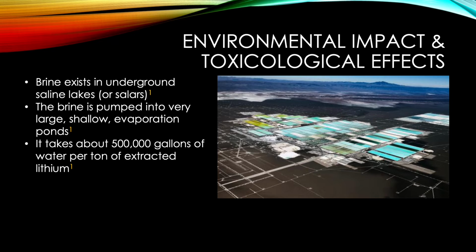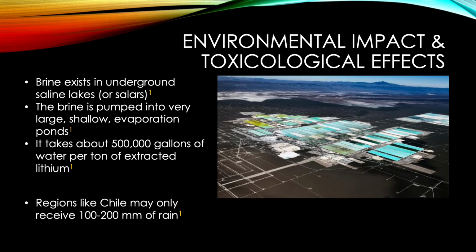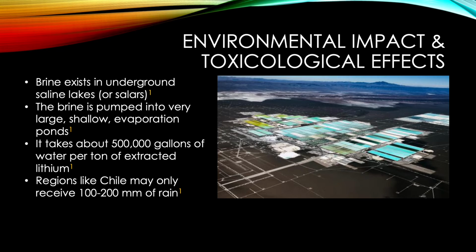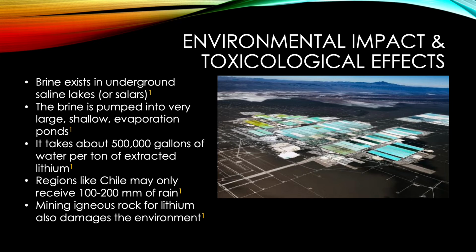It takes about 500,000 gallons of water per ton of extracted lithium. And some regions like Chile in the lithium triangle may only receive 100 to 200 millimeters of rain. So extracting lithium has a major environmental impact, and mining igneous rock, strip mining for lithium, is also damaging to the environment.